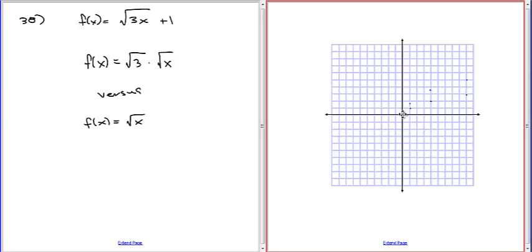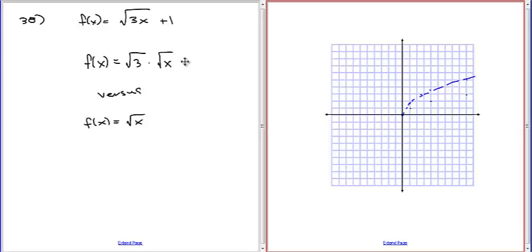So if I connect these points together, you can see what's happening is it's getting stretched in the y direction, or it's getting pushed in the x direction. Depends how you define it. Okay, so that's the stretching function. So I'll say stretching in the y direction.